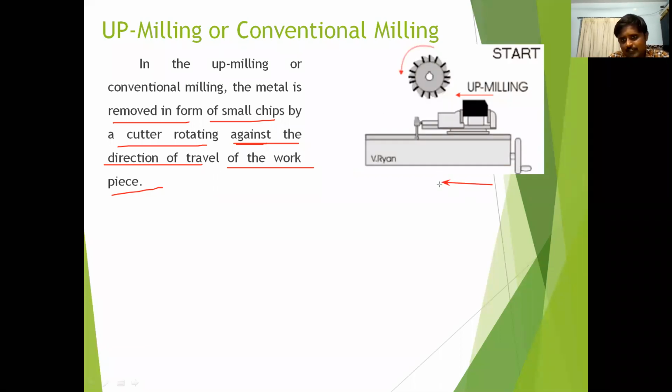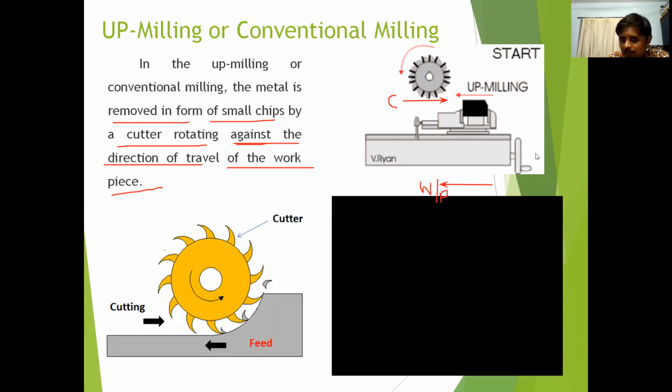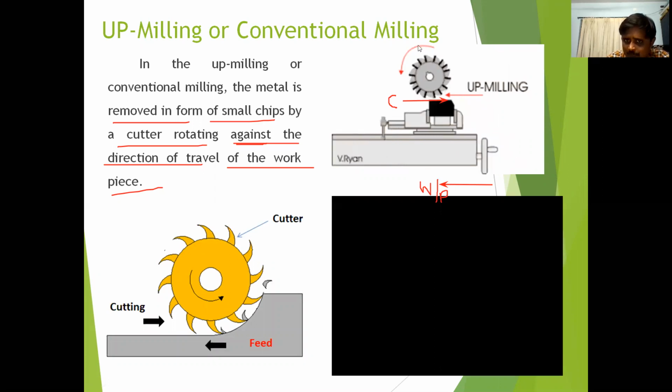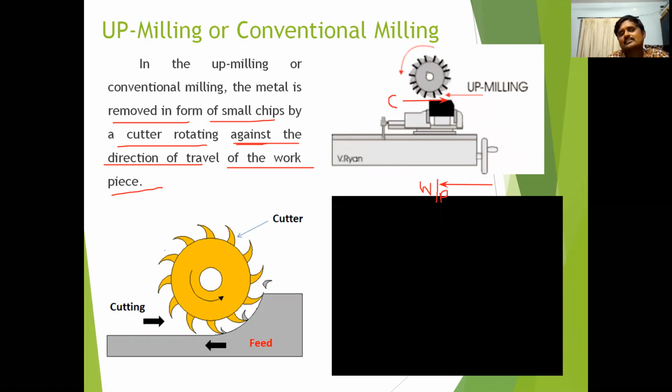This is the direction of the work table, and this is the direction of rotation of the cutter. So the work table is moving in this direction, and the cutter is going to be rotating in this direction. The movements of both the cutter and the workpiece are opposite, against each other. So this is called the up milling method.